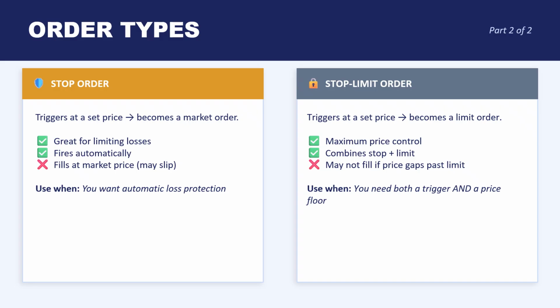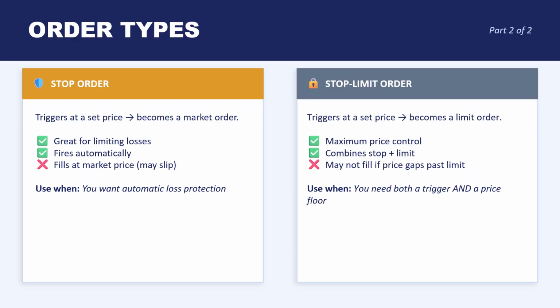So we have another order if you want to sell or buy something. It's a stop limit order, and it triggers at a set price and becomes a limit order. So here you get price control. You decide, hey, I want to sell at 45. You bought the stock at 50. The most I want to lose is 45, and you put the limit at 45. So you're saying, look, if it goes below 45, I'm not going to sell it.